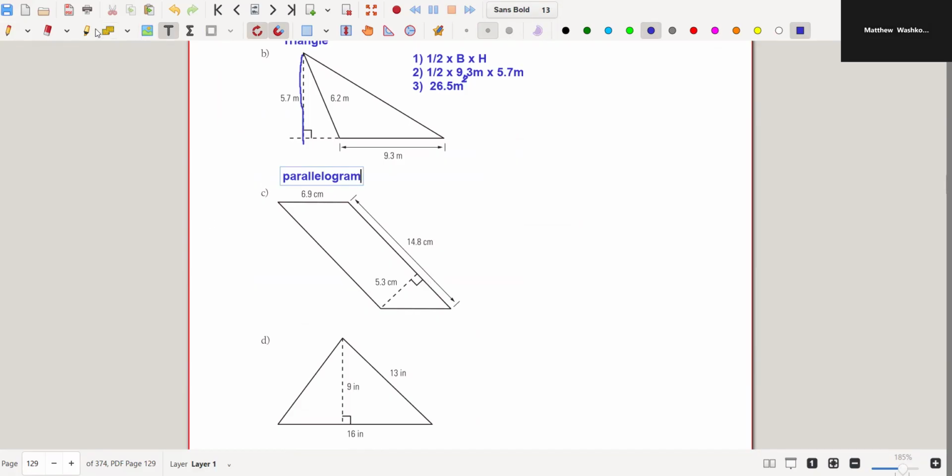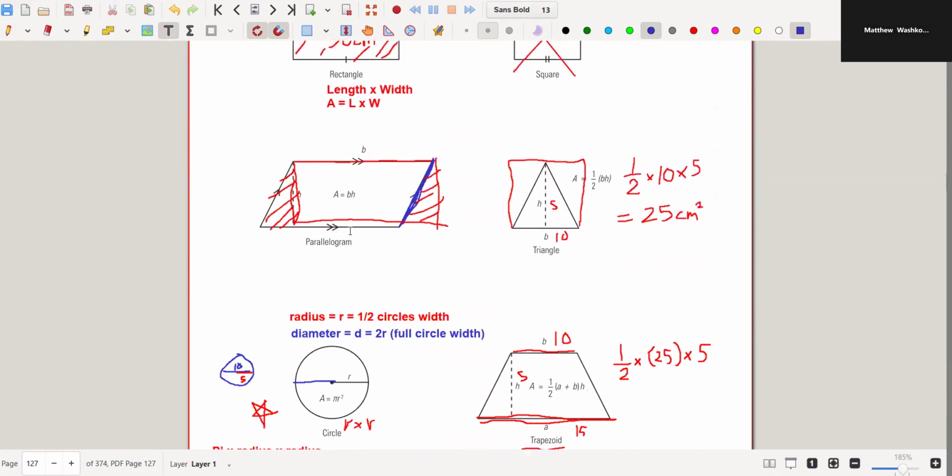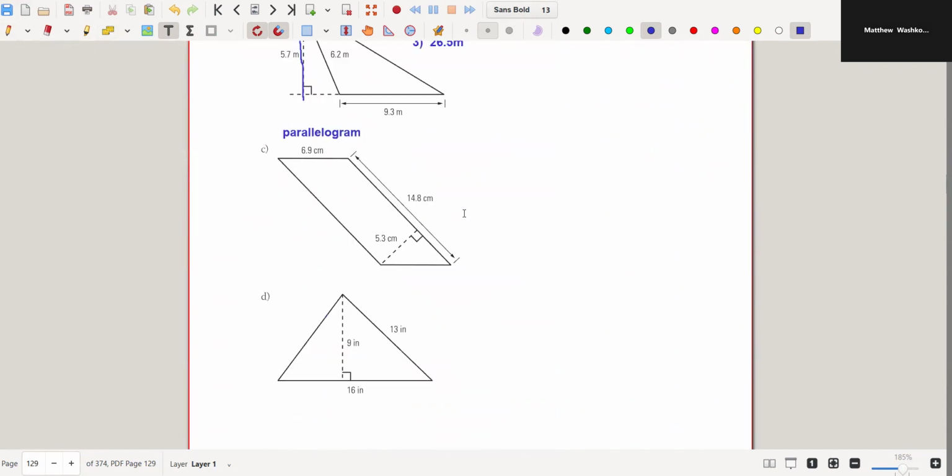Area of a parallelogram, I don't remember. How can I find out? Go back to page 125. Oh, it's base times height. So, area equals base, B times H. Or you can just write A equals BH. That's fine. That's shorthand. I know what you're saying there.